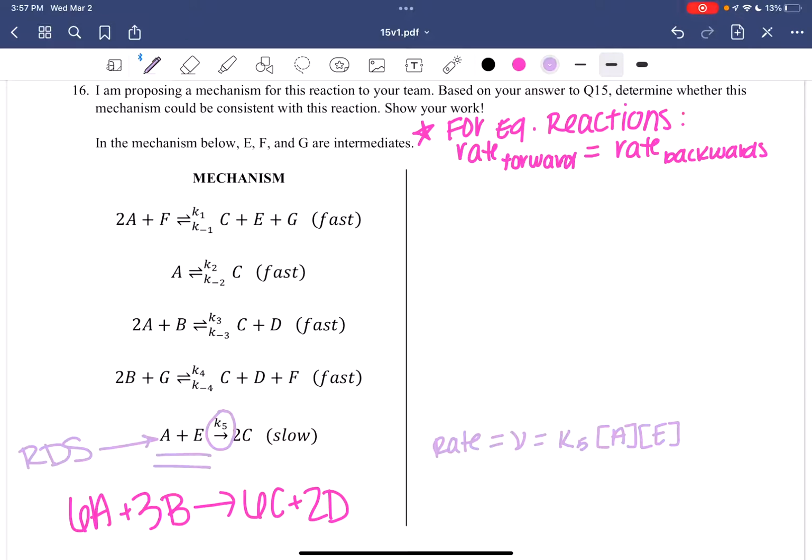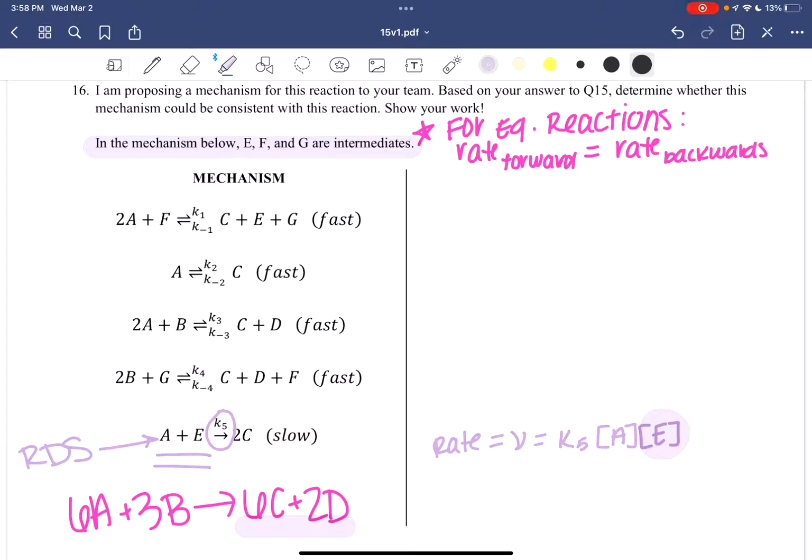The reason why we start with our rate determining step is to see if we have any of those intermediates or products in our rate law. And we actually do, in fact, have one of those. E right here is one of our intermediates. That was in part of the instructions here: E, F, and G are intermediates. And then going back to our overall equation, C and D are products.